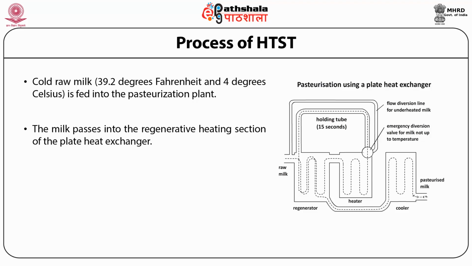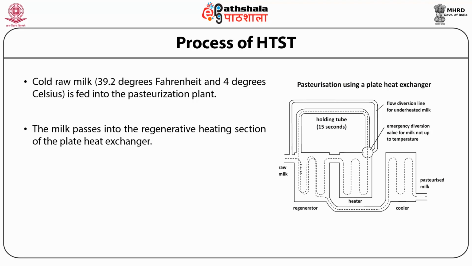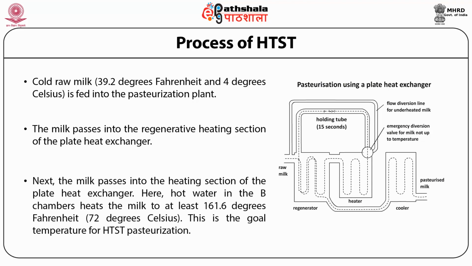It again comes to the regenerator chamber and then goes to the cooler chamber. In the heater chamber, the milk is heated up to 72 degrees centigrade, which is the goal temperature of the high temperature short time pasteurization method.